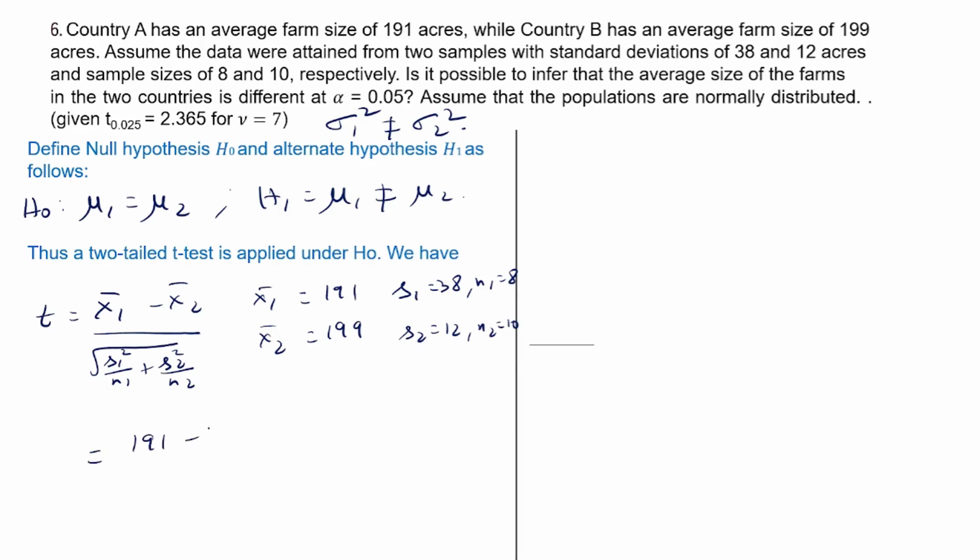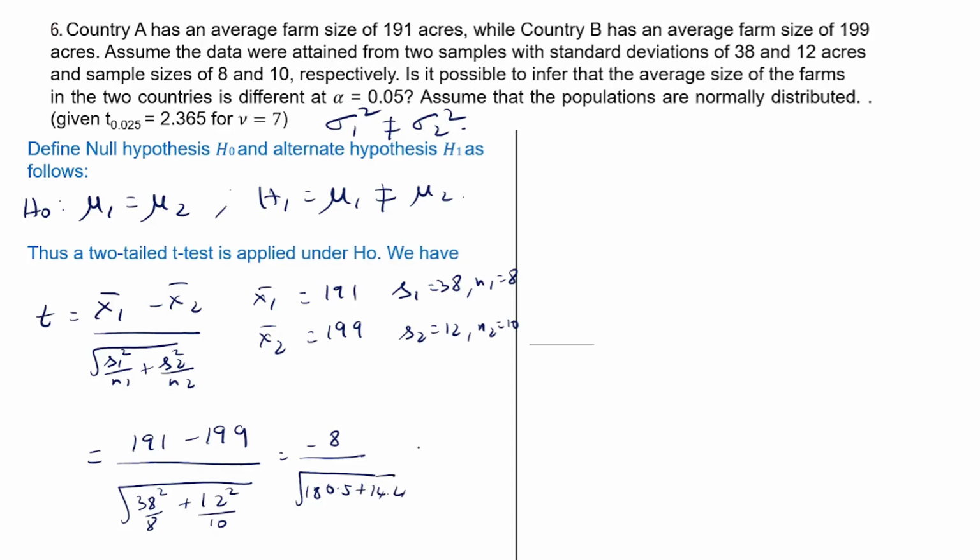So this is 191 minus 199 upon root of 38 square by 8 plus 12 square by 10. So this is minus 8 upon root of 180.5 plus 14.4. It is minus 8 upon root of 195 approximately. It is 194.9, 195.